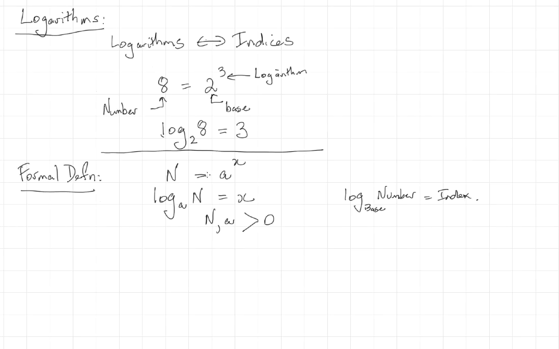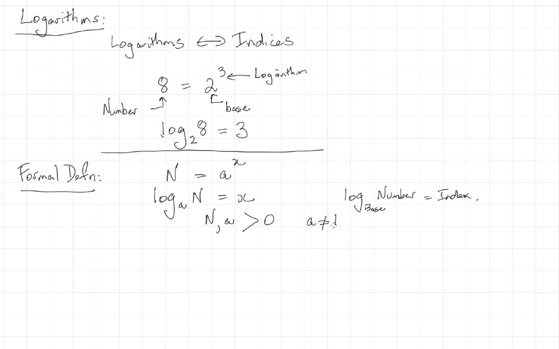So we can't have the logs of negative numbers, and the base can't be negative. That greater than 0 means it has to be a positive number. And a cannot be equal to 1.